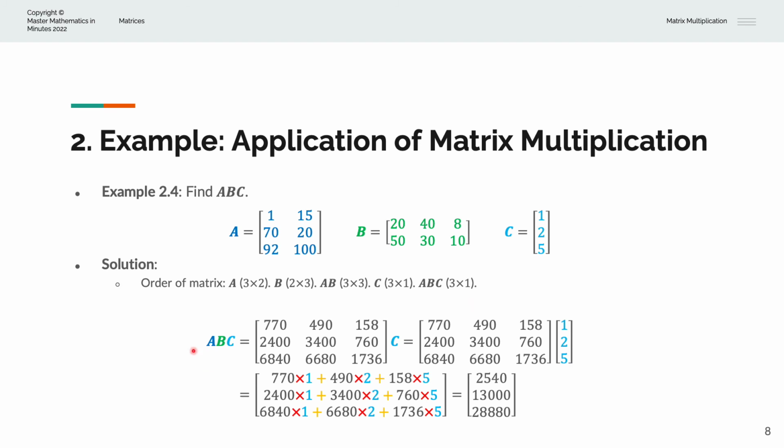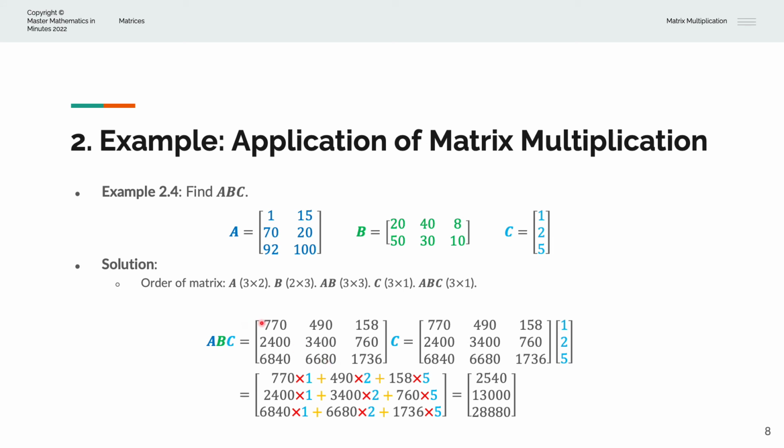And so we have A times B times C, and we know A times B is this matrix from before. We saw that there was 770 in the first entry, 490 in the second entry, and we have 6680 for this entry here.